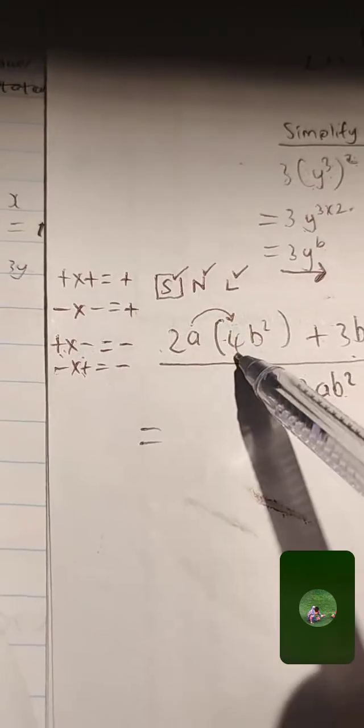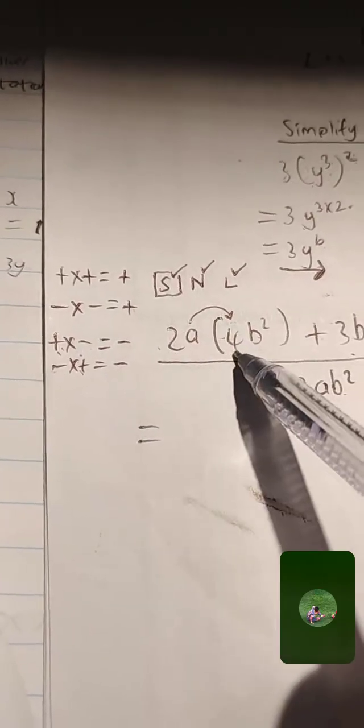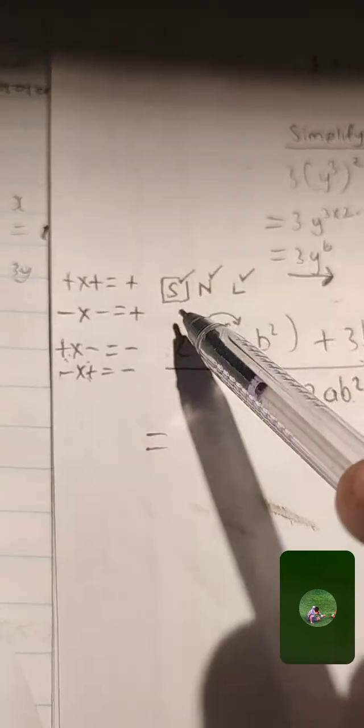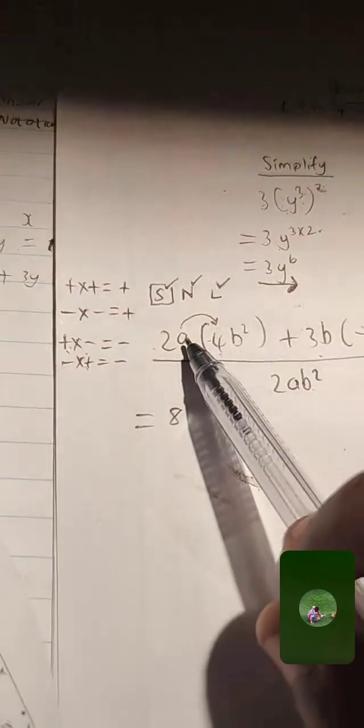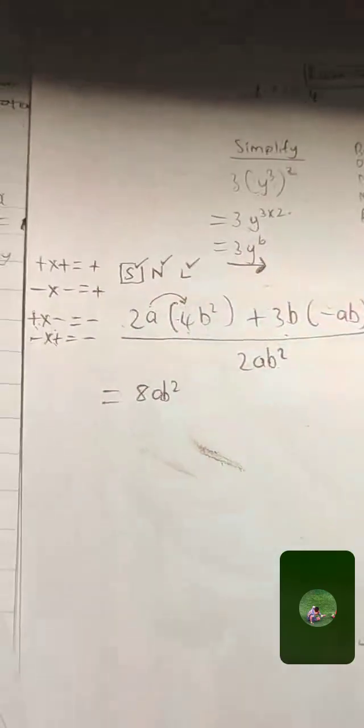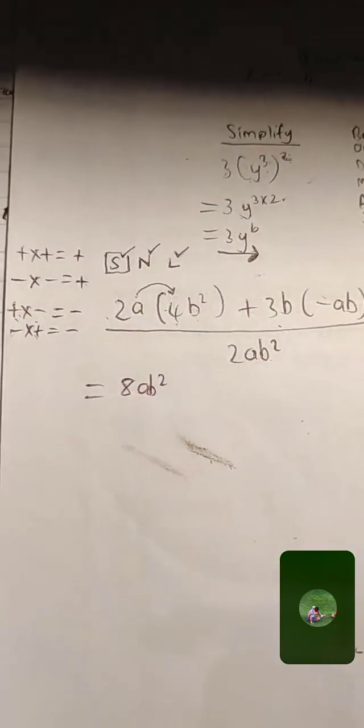Okay, positive 2 times a positive 4 gives you a positive sign. You move on to the number. What's 2 times 4, Tabelo? 8. So it's a positive 8. Then you move on to the letter of the alphabet. What's A times B squared? AB squared.